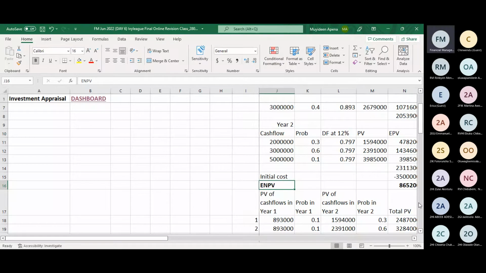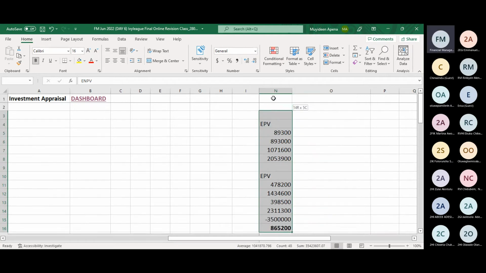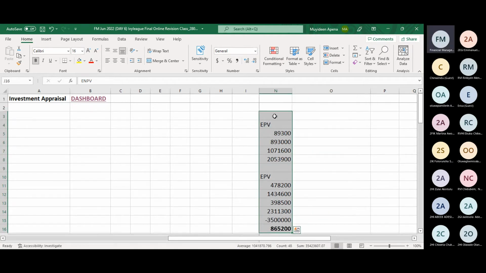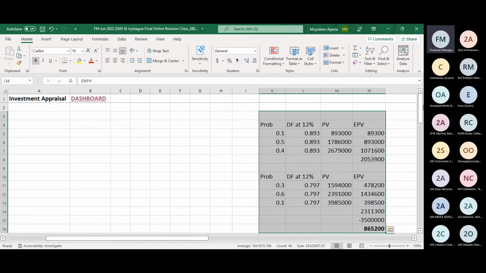So why are they asking us to go this route? The examiner purposely asks you to use the joint probability table. If you have done it this way, as I just did, you will not earn the mark. That's what I'm trying to let you know now. This is the usual way you would have done it without using joint probabilities, and it looks straightforward, isn't it?